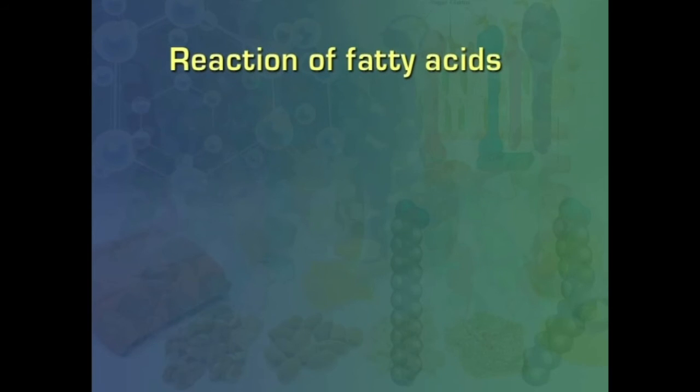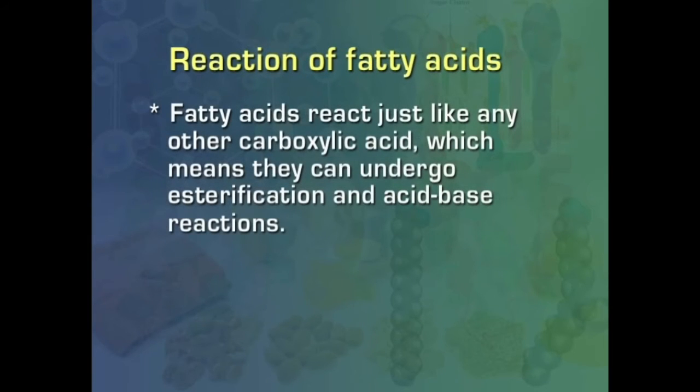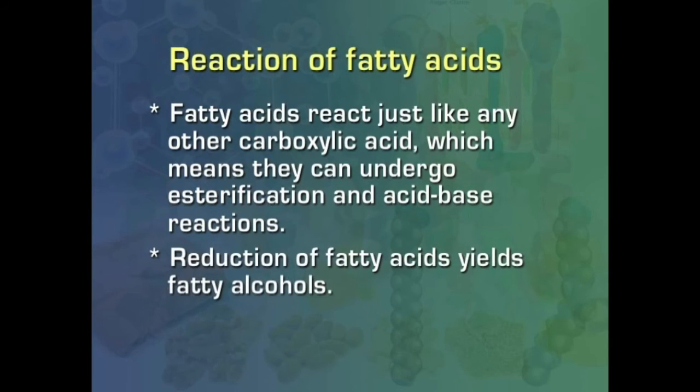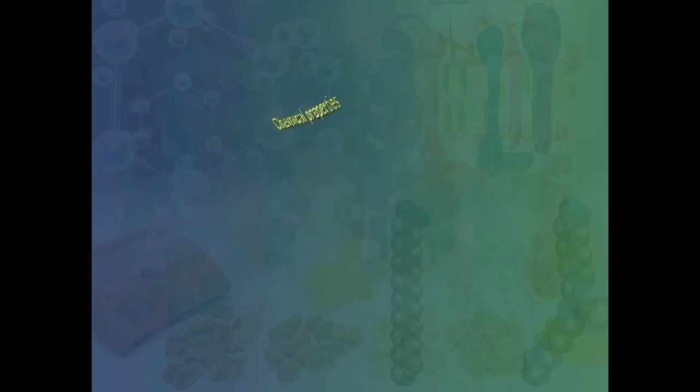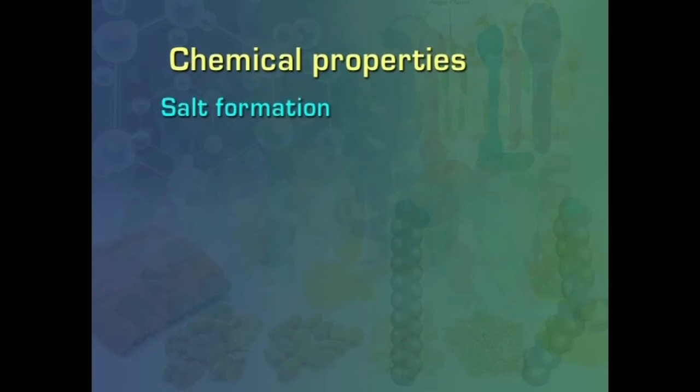Coming to the reactions of fatty acids, they react just like any other carboxylic acid, which means that they can undergo esterification. Fatty acids can be reduced to yield fatty alcohols with CH2OH instead of COOH. Among the chemical properties, salt formation is important.